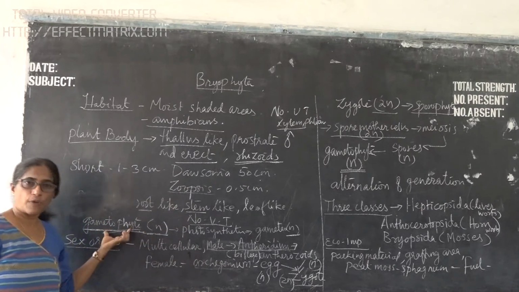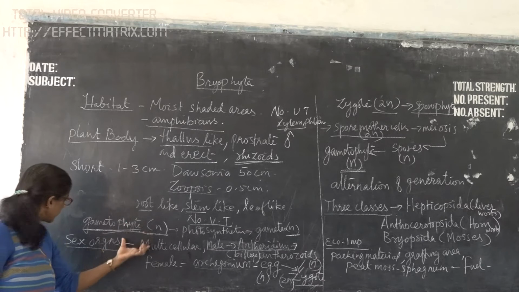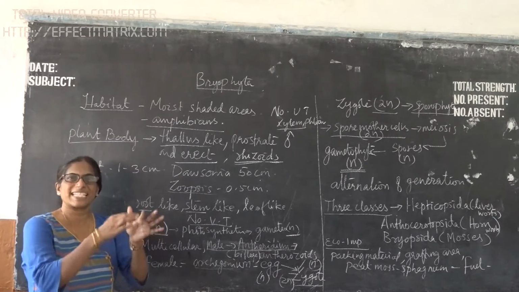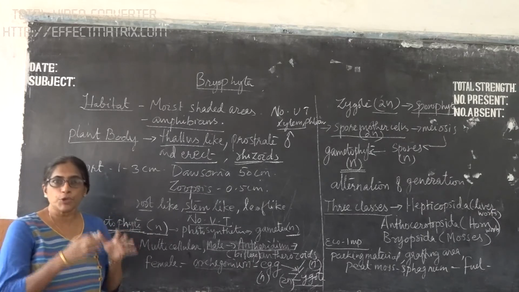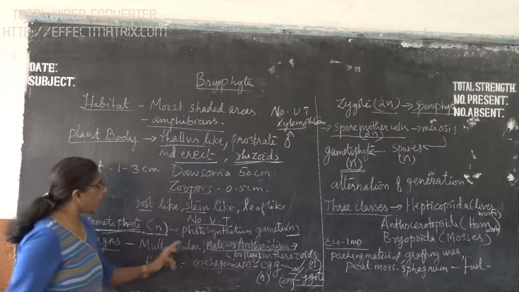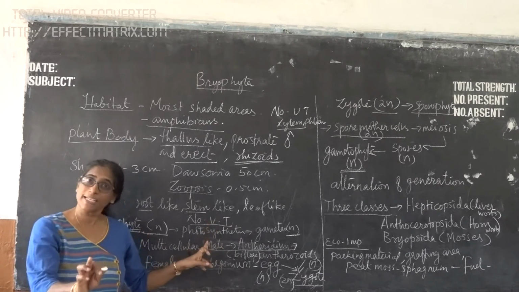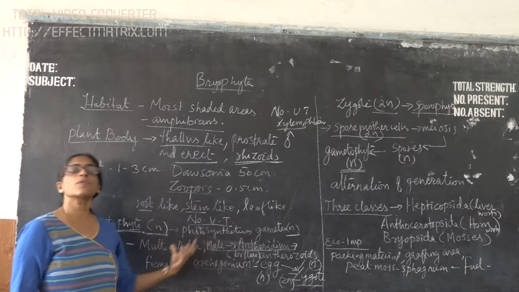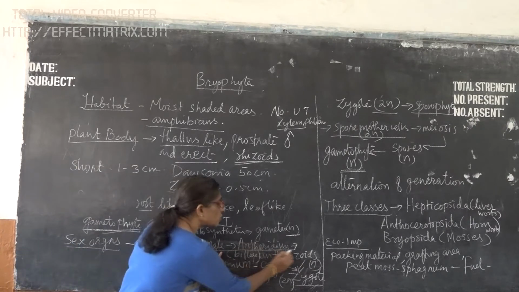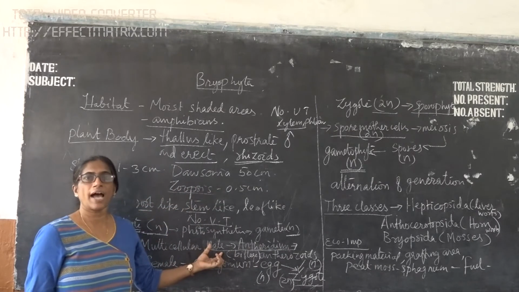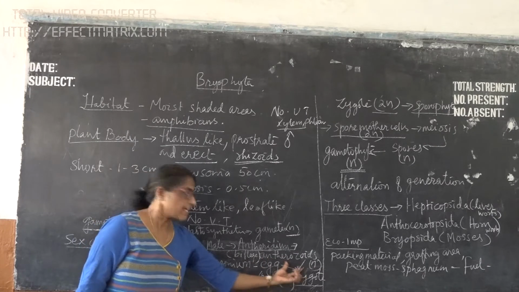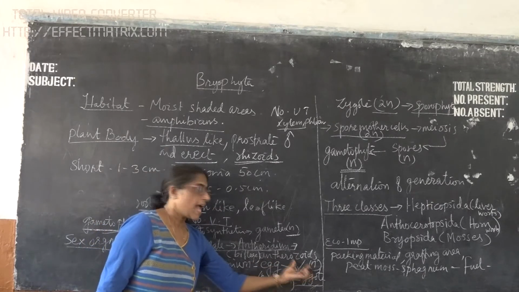In the gametophyte, they develop sex organs. These sex organs are multicellular jacketed structures produced on this gametophytic plant body. There are two sex organs, male as well as female. The male sex organ is called antheridium, and it produces biflagellated antherozoids. This is the male gamete.